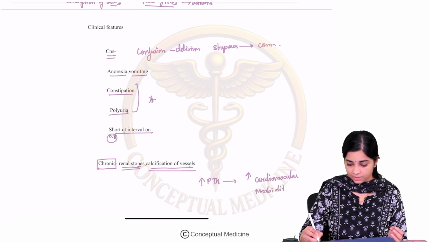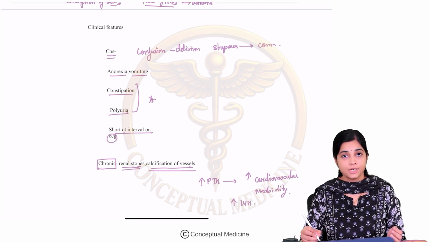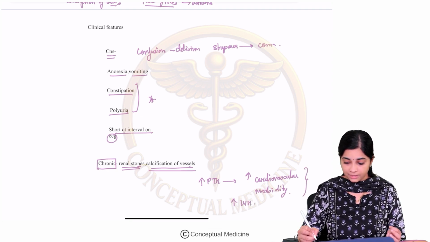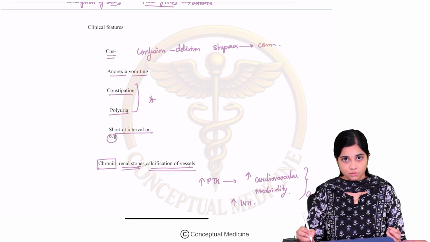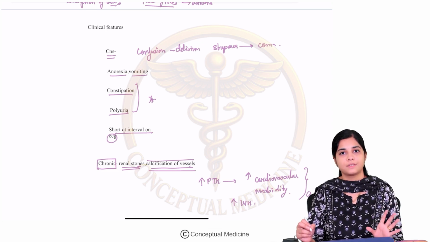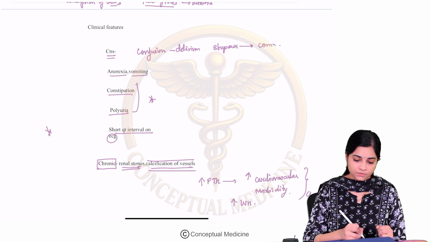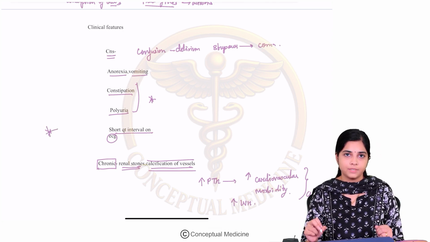In fact, it is associated with isolated left ventricular hypertrophy and dysfunction as well. Okay, this is what we have studied in CKD. And why is that so? One of the important causes is that it causes calcification of vessels, so it causes an increased risk of cardiovascular events. Okay, so this is clear about the symptoms of hypercalcemia.